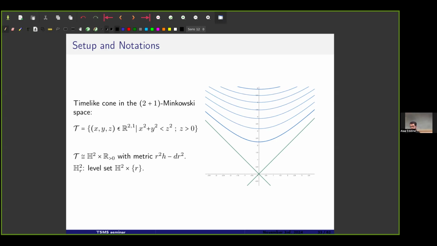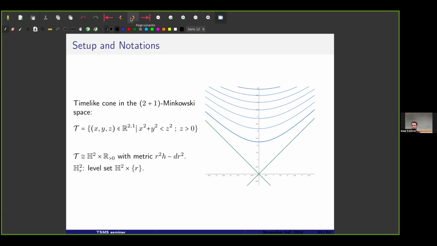Since it preserves the Lorentzian metric on the Minkowski space, it preserves the levels. So the group gamma will not exchange the levels, but it will act on each level.